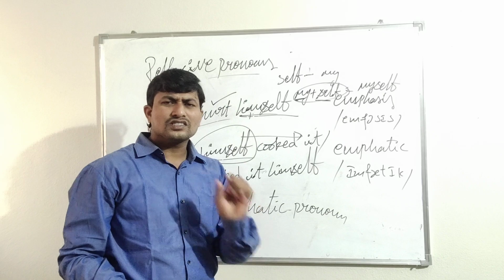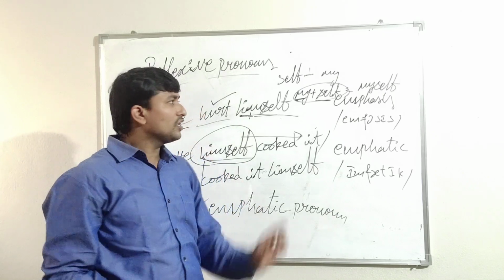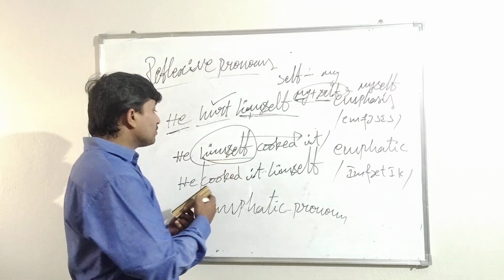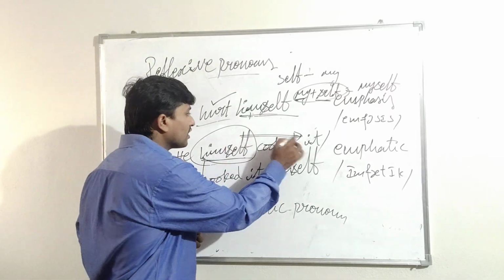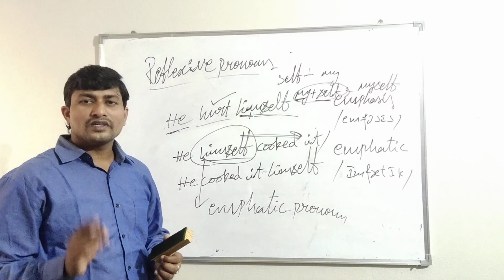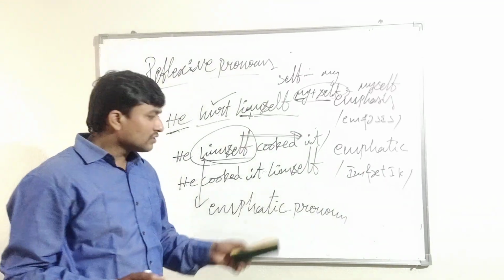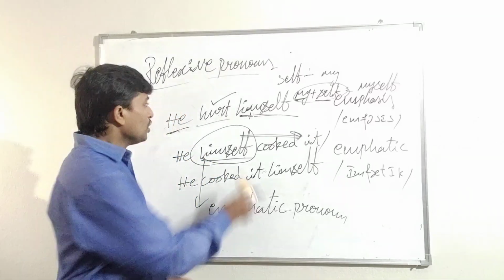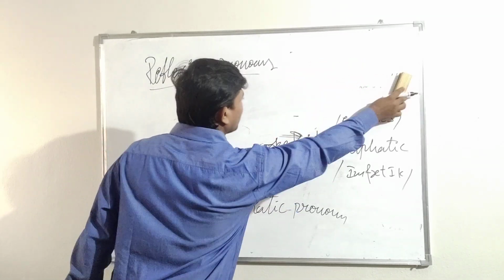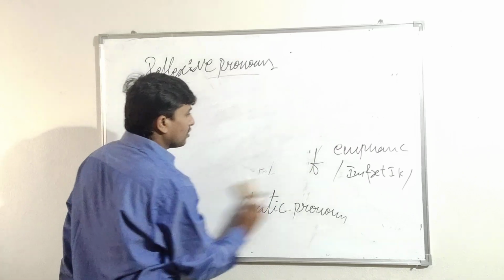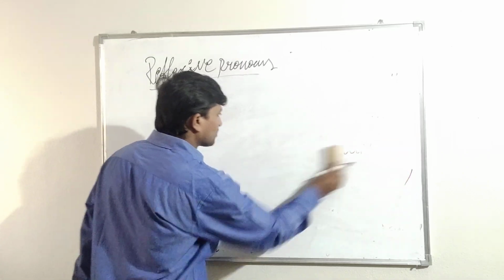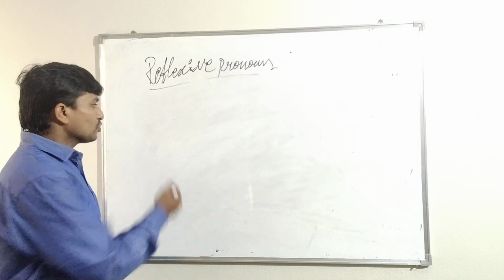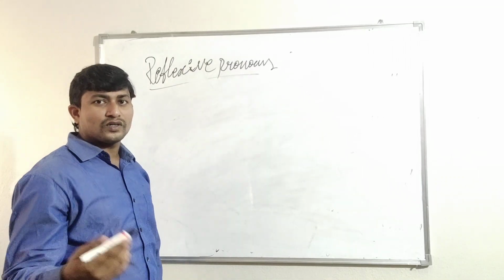But if the same compound pronoun is given a particular importance to a particular thing, it is known as an emphasis pronoun. Therefore, it is called an emphatic pronoun. Have you understood? So, what is the difference between reflexive pronoun and emphatic pronoun? There is a slight difference, so let's find out.